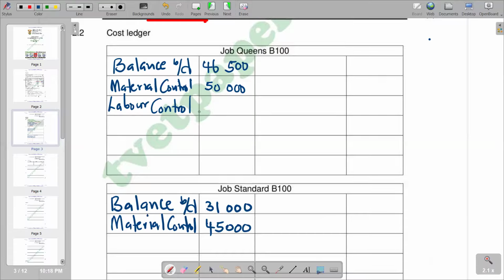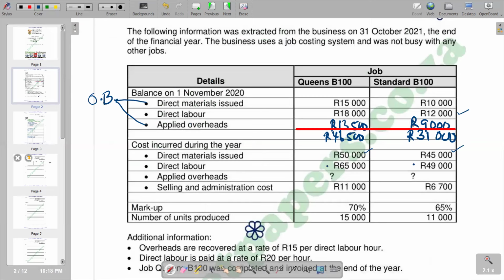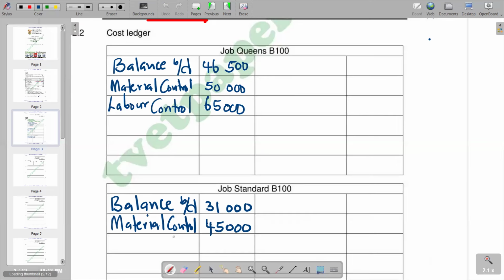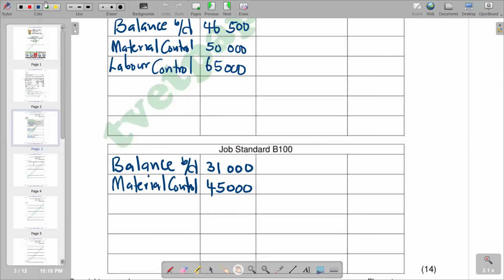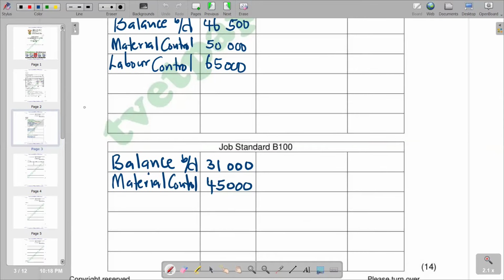Labor control, whereby for Queens we have 65,000, indicated here, and then 49,000 for standard. So that's what we have, and then we move on to the next.